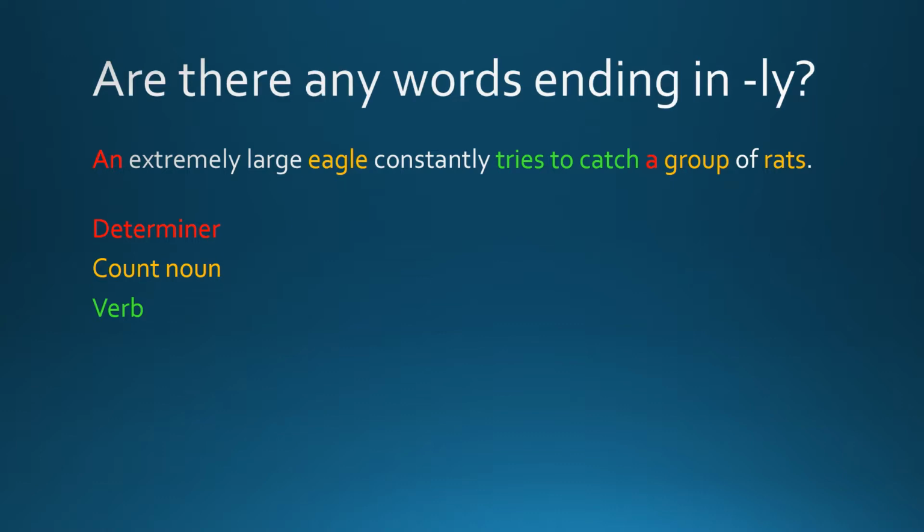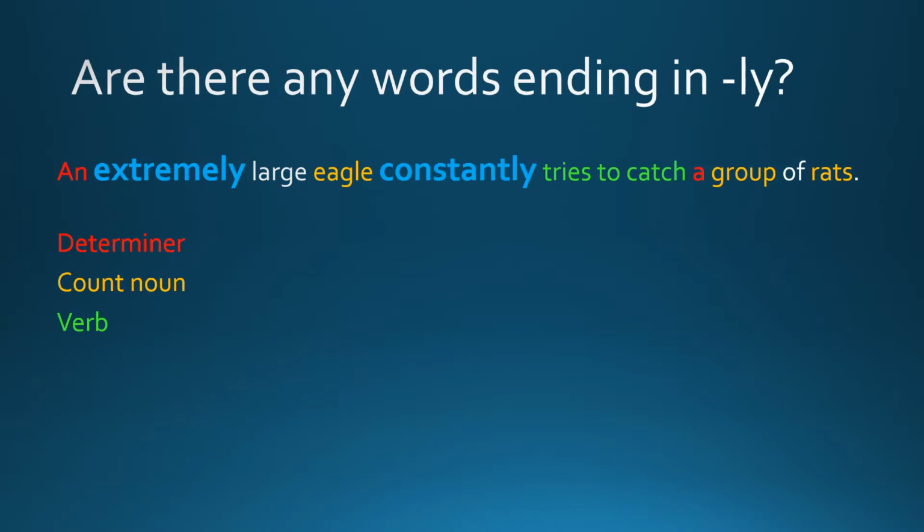Are there any words ending in ly? And yes, when we look, there are actually 2. We've got extremely and constantly. Okay, when you see those words, you can then see if you're dealing with adverbs.